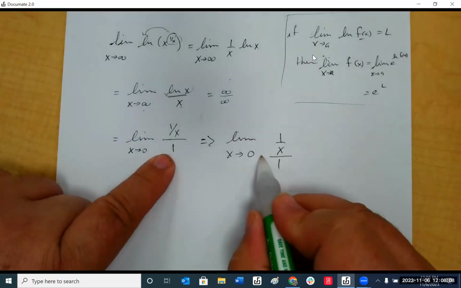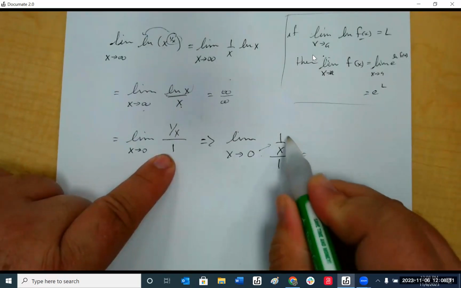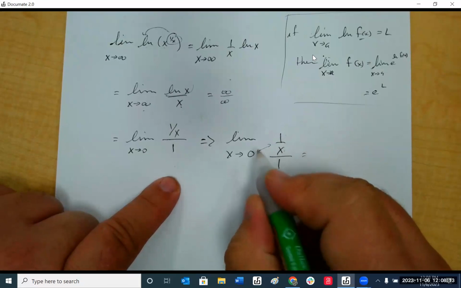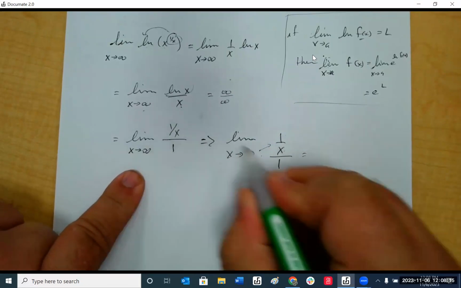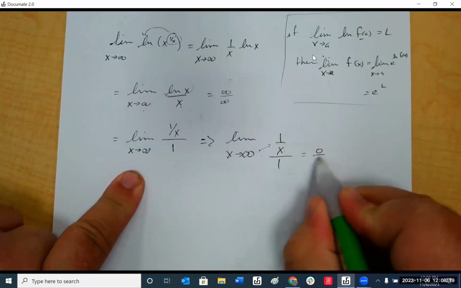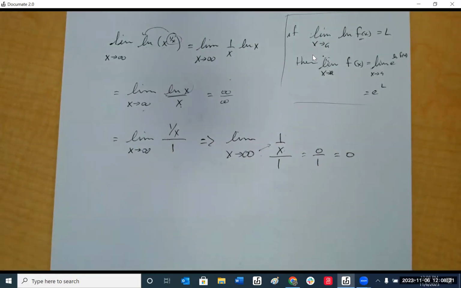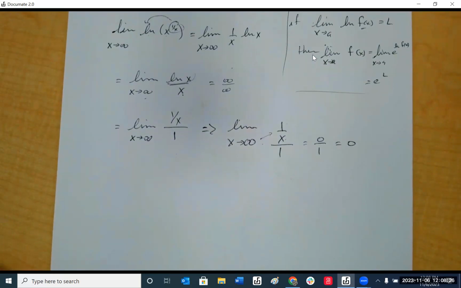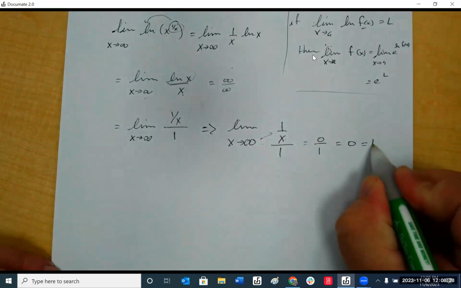It's got to be a fraction. So 1 over infinity is 0 over 1, which is 0. This is our limit, L.